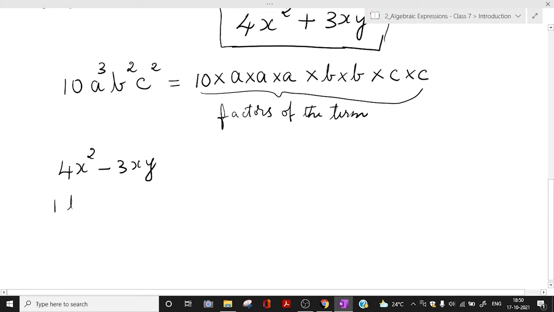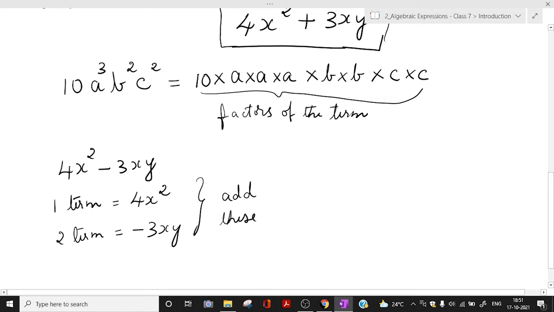The first term is 4x squared, and the second term has a minus sign, so it is not plus 3, it is minus 3xy. And then we add both these terms.